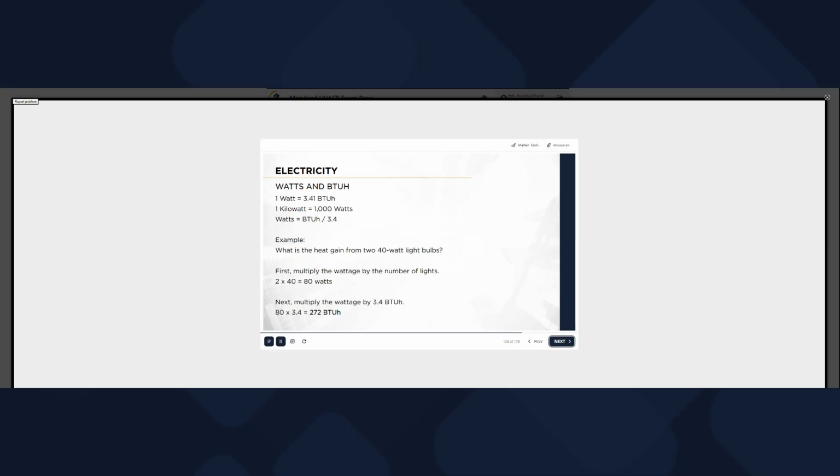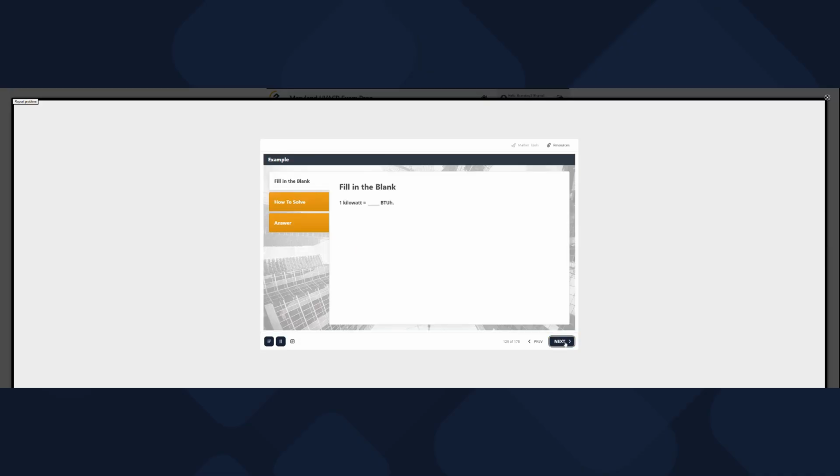Next, multiply the wattage by 3.4 BTUH. 80 times 3.4 equals 272 BTUH. Let's work through another example. Click the next button or on each tab to see how to solve and the correct answer.